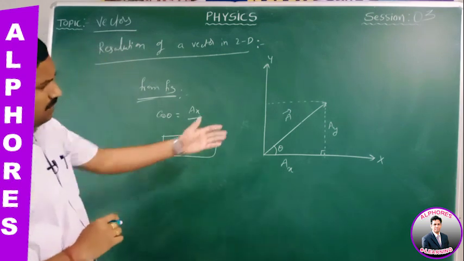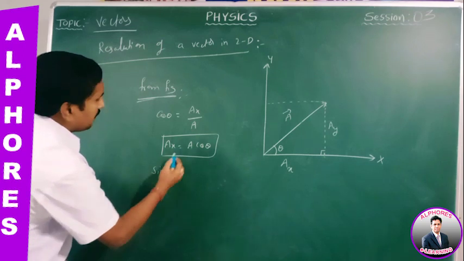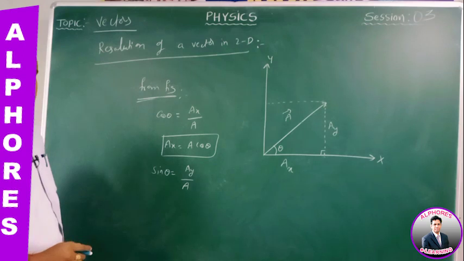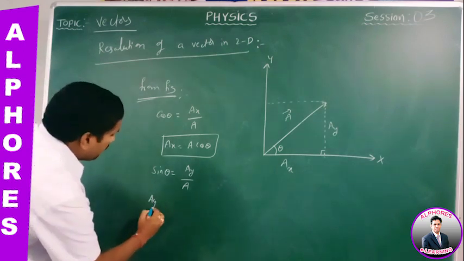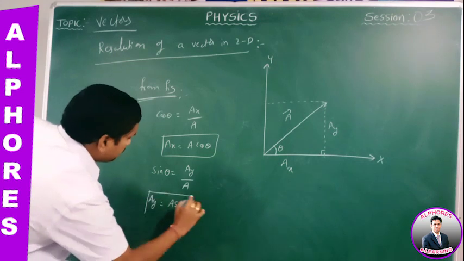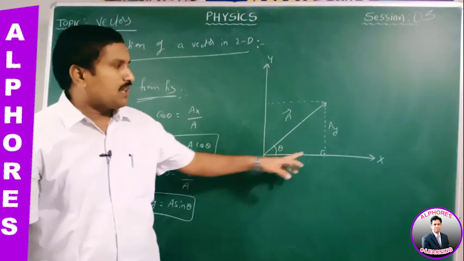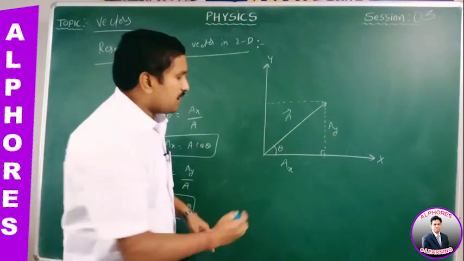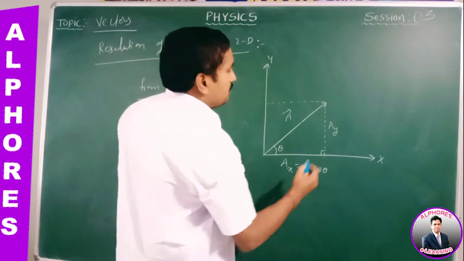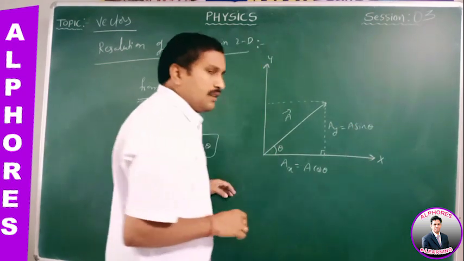In the same way, sin theta is equal to ay by a, which means ay is equal to a sin theta. So these are the two components, one along the x-axis and the other along the y-axis: ax is a cos theta and ay is a sin theta.